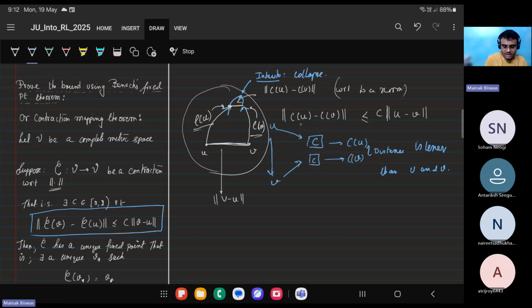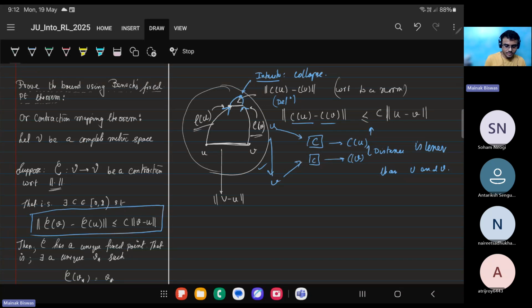That is, the distance between C of U and C of V is lesser than the distance between U and V. So look at the diagram and look at the definition here. The diagram and definition fit together. So every time you pass vectors through this operator, it brings them closer and closer.